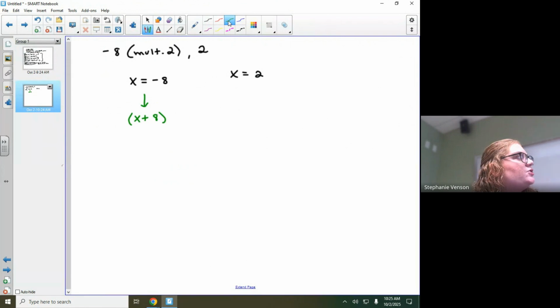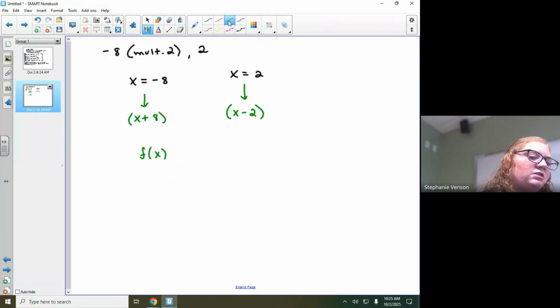And where did the x-intercept x equals +2 come from? I'm almost giving the answer. x minus 2. But since the 2 didn't have a multiplicity written, we assume it's multiplicity 1.